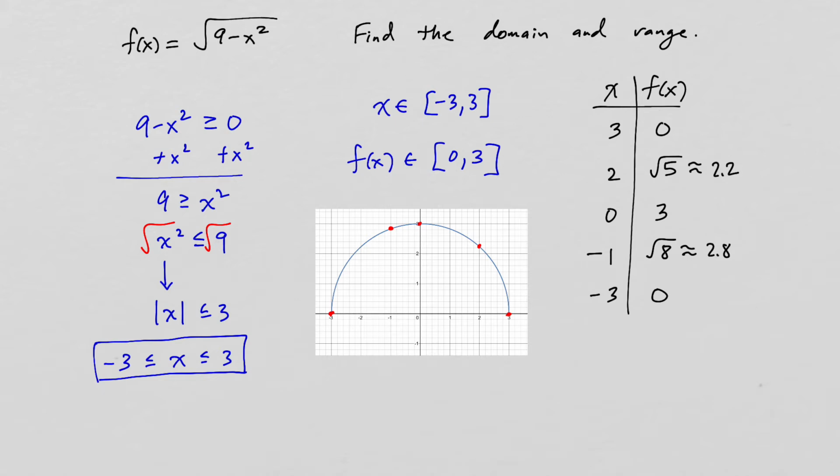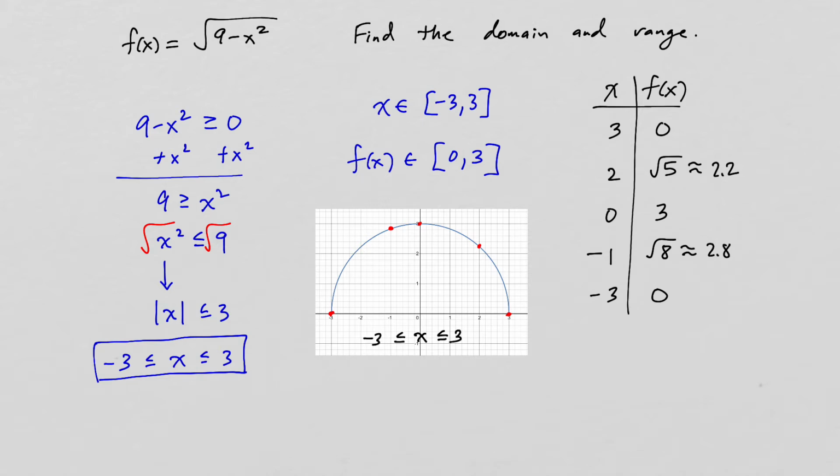Now what I want you to notice is that this graph covers all values of x from negative 3 over to positive 3. You can see that there is a point on the curve covering all values of x between negative 3 and positive 3. So it's not too hard to see that x has to be in between those two numbers.